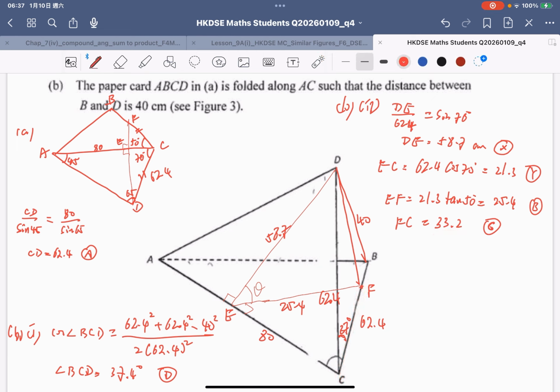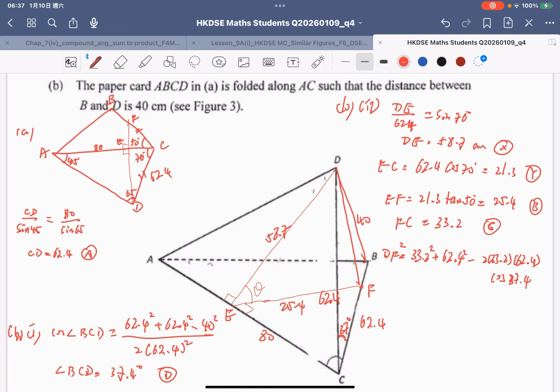Then that means DF squared equals 33.2 square plus 62.4 square minus 2 times 33.2 times 62.4 times cosine 37.4.